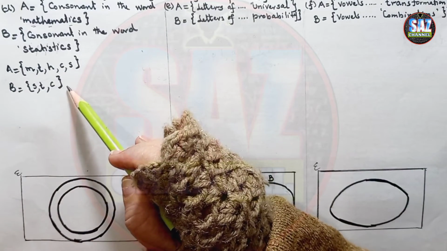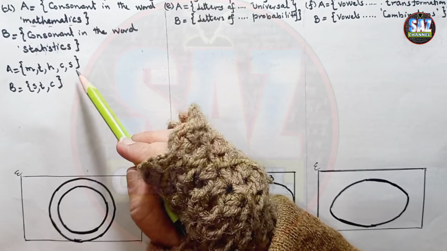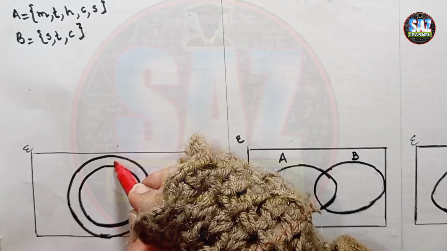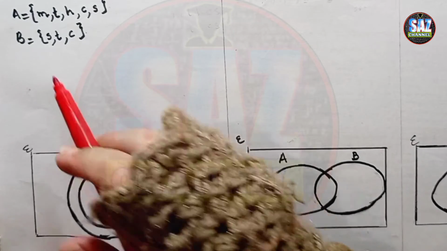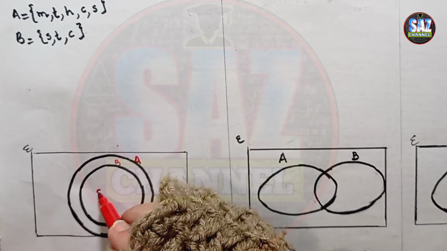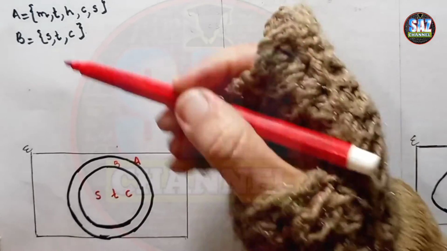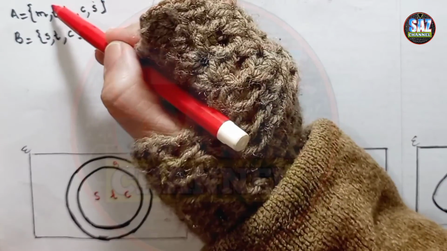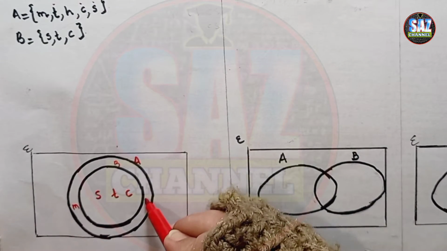In other words, set B is completely contained in set A, or set B is a subset of set A. So when I go to the Venn diagram, I have to mark set B here and set A over here, and B will contain the elements S, T and C, and set A will also have S, T and C, and A will be left with M and H only.